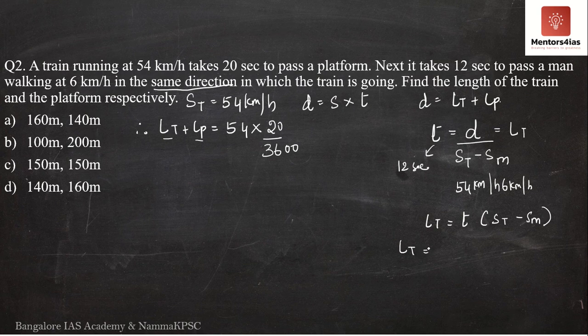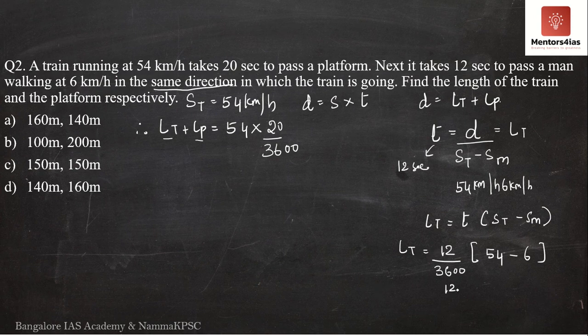Therefore, what is the length of the train? Time is 12 seconds. 12 seconds in terms of hours is 12 divided by 3600, into the speed of the train. What is the speed of the train? It is 54 kilometers per hour minus the speed of the man, which is 6.